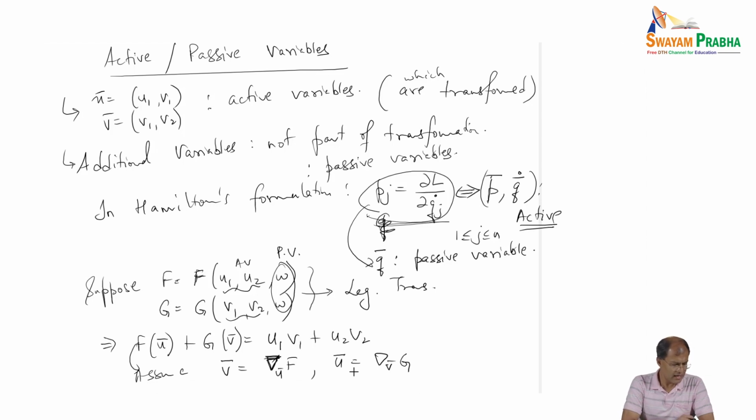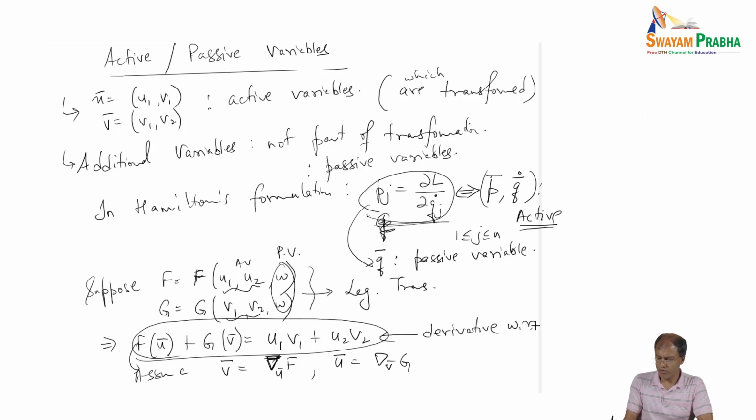So then this question now arises: what exactly is the derivative of this Legendre transform with respect to the passive variable w? So this question arises of how to find that. So let us differentiate this Legendre transform.